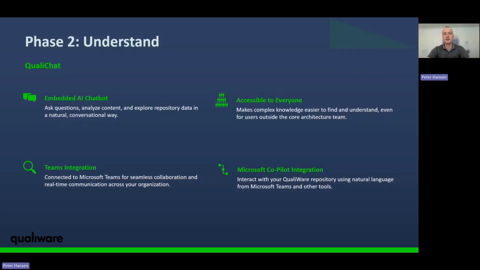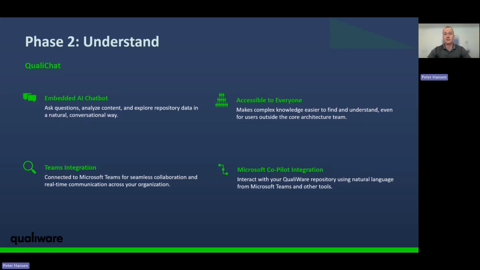So phase 2 is understand. What we want to do in QualiWare is have AI help you understand what's going on inside your repository by simply conversation, just like any other AI chatbot. Our chatbot can then fetch the content in your repository, analyze it, and help you understand things or find things faster.